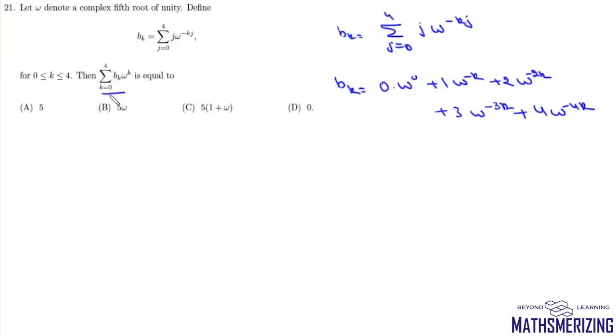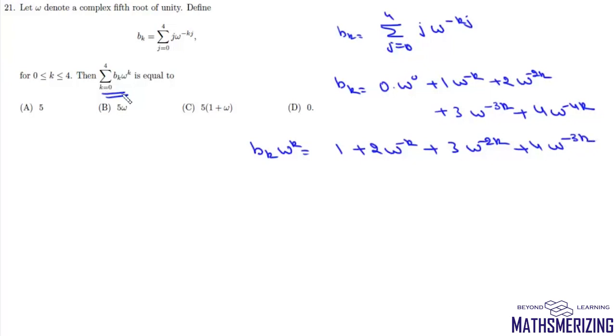Now we need to find this summation, which is summation k varies from 0 to 4 of b_k·ω^k. Now b_k·ω^k will be 1 + 2ω^(−k) + 3ω^(−2k) + 4ω^(−3k).